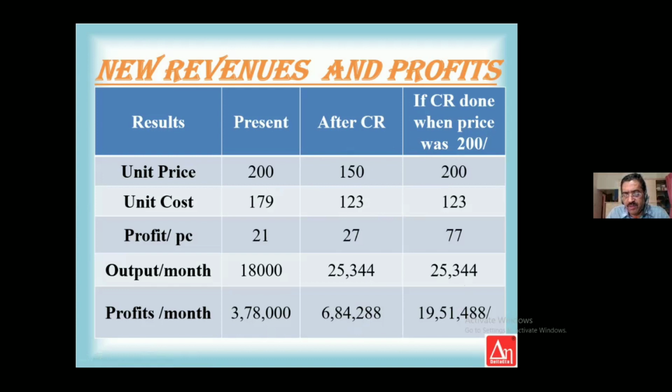From 3.78 lakh rupees, you are able to achieve 19.51 lakhs, which is 5 times. How do you achieve it? By reducing the unit cost and by increasing the output per month, or by eliminating constraints and maximizing utilization of your infrastructure. So both together, you are able to achieve a 500% jump in profits.